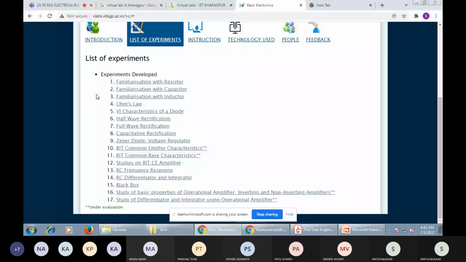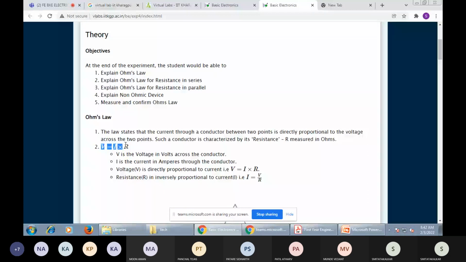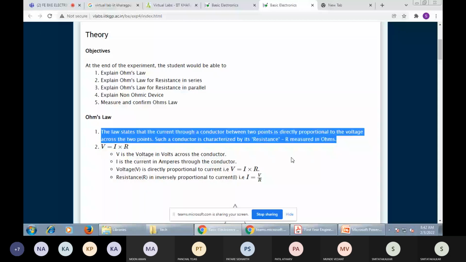Ohm's law is only an equation: voltage is equal to current times resistance. Voltage is measured in volts, resistance in ohms, and current in milliamperes or amperes.